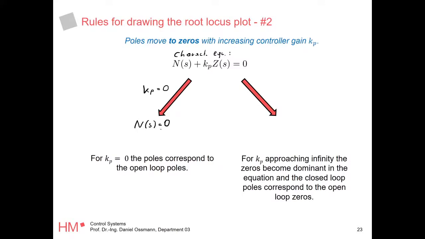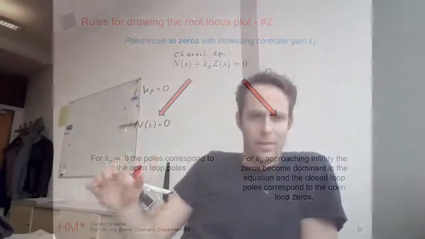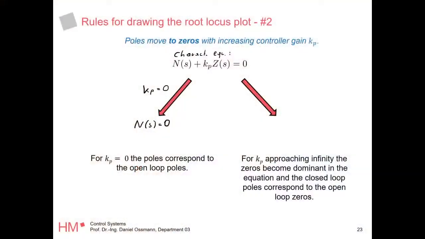What does Kp to 0 mean? When you put your controller to 0, you don't have any controller, right? When you don't have any controller, your system has the poles it just has. You're not changing them, right? Remember, your system is G of S, which is some numerator over the denominator.